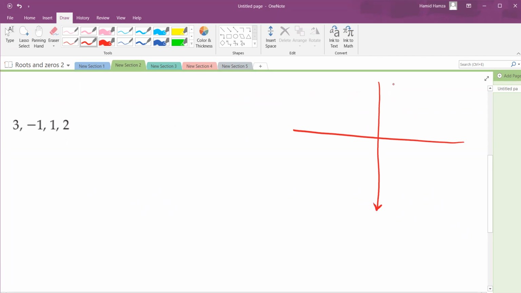It will not give it to you like this. It gives it to you as a drawing. You will find it like this. The graph will cut at 1, -1, -2, and -3.